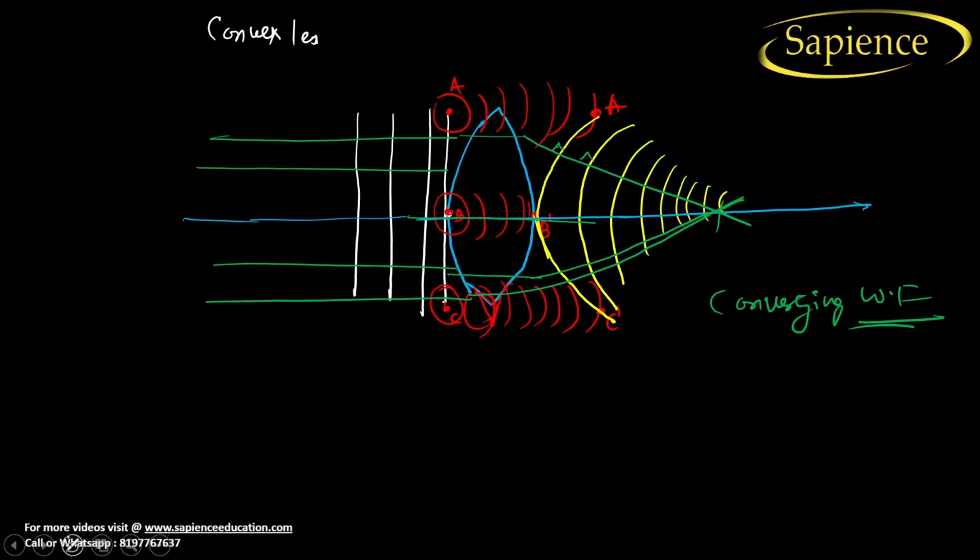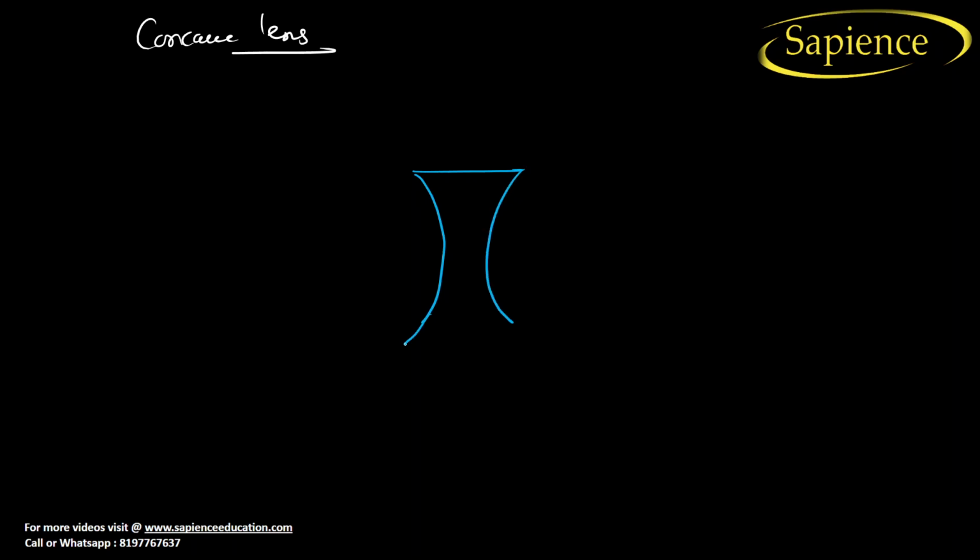Now let us go for the next type of lens that is known as concave lens. So we can do the experiment for any shape, right? So when you take a concave lens, see here, this is your concave lens like this, right? And now again you take light rays.